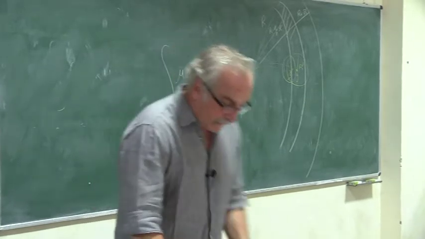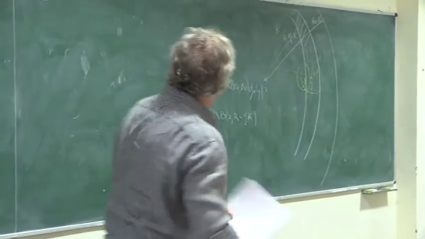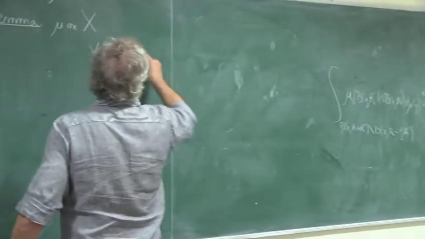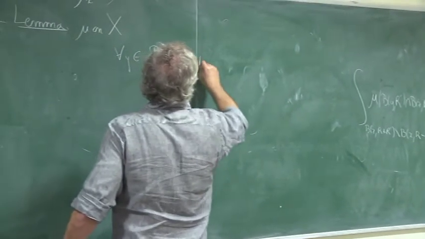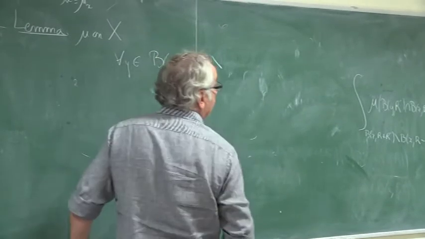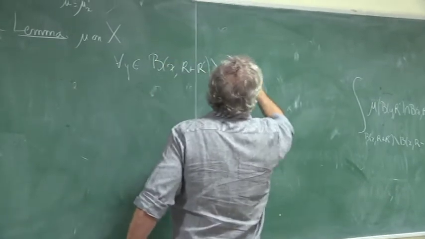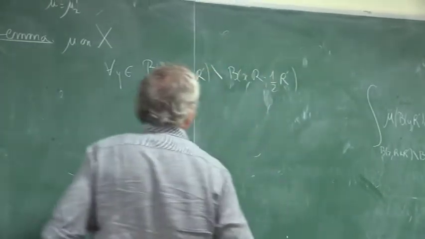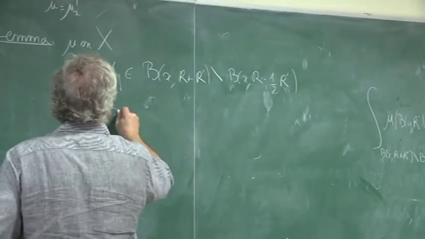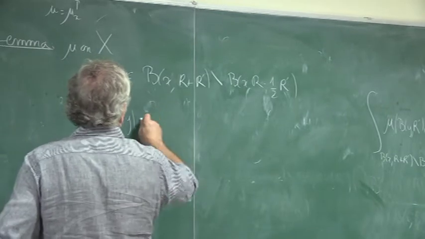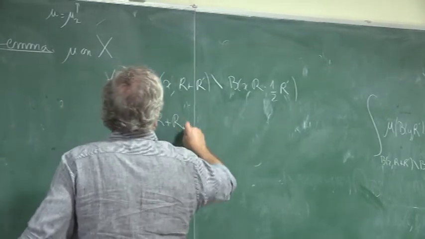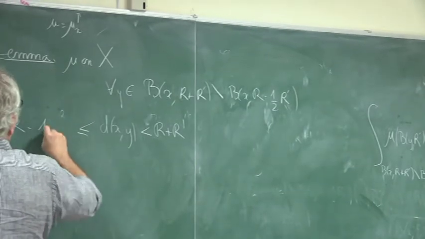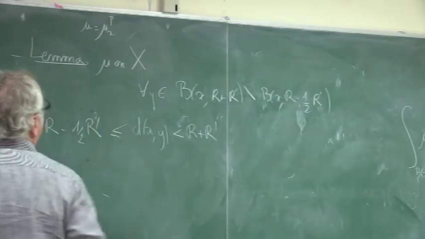Well, because if you take any point y in B(x, r + r') minus B(x, r - 1/2 r'), then the distance from x to y, of course, is less than r + r'. And it's not smaller than r - 1/2 r'.